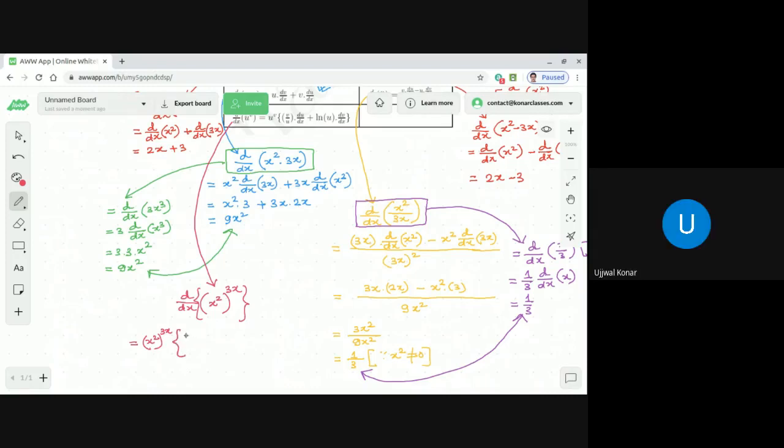What is v? V is equal to 3x, by x square, into d/dx of u, du/dx. What is u? U is x square. Plus ln of u, what is u? x square, into dv/dx, which means d/dx of 3x, right or not?